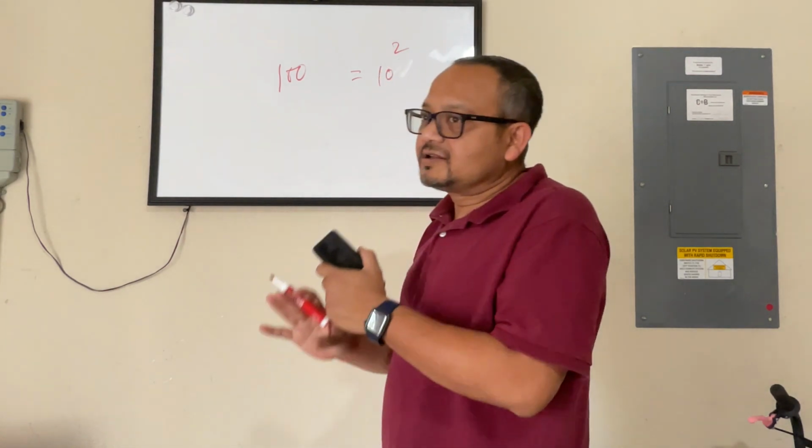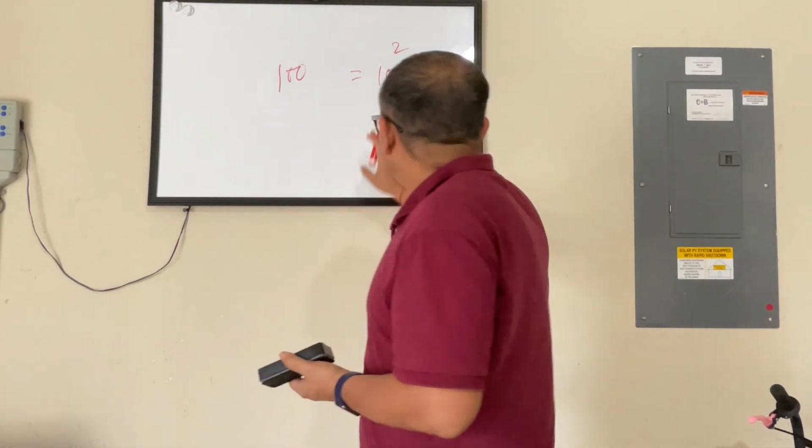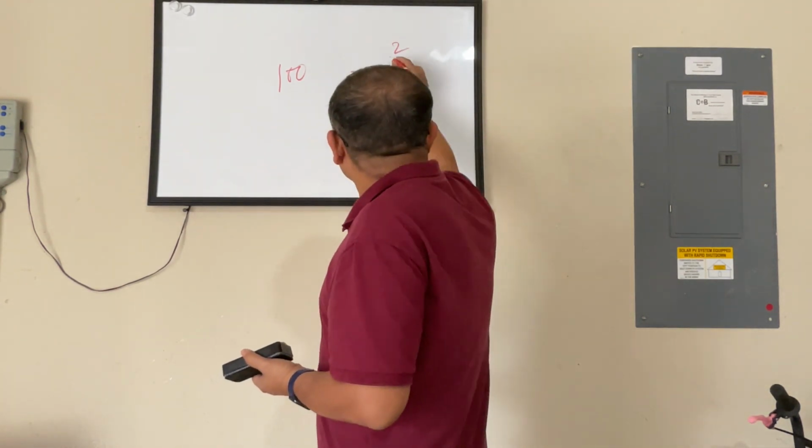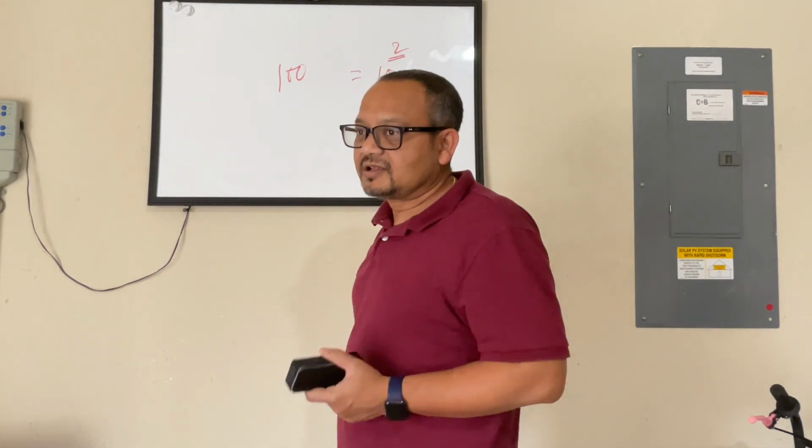Or there is a different way of writing that in logarithm. It says, I will only write the exponent part. I will not write the base because my assumed base is always 10.